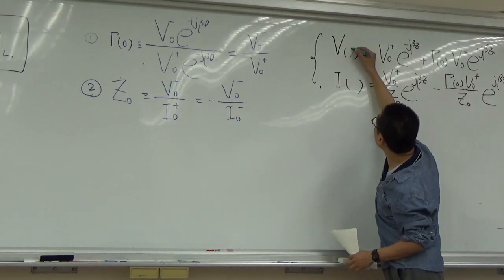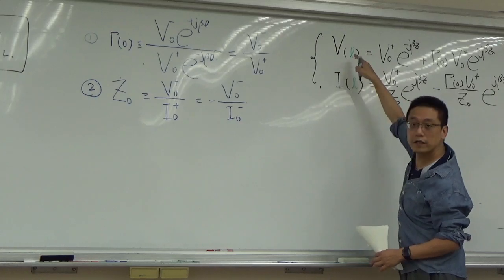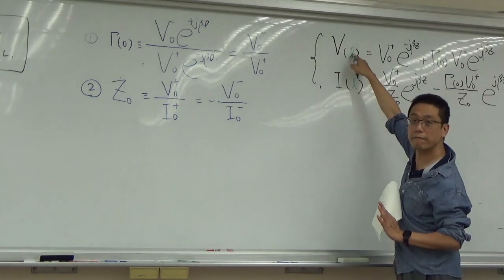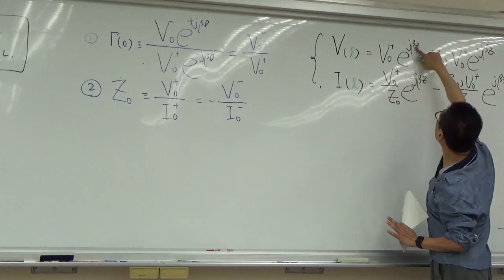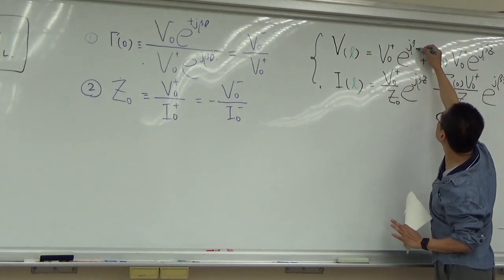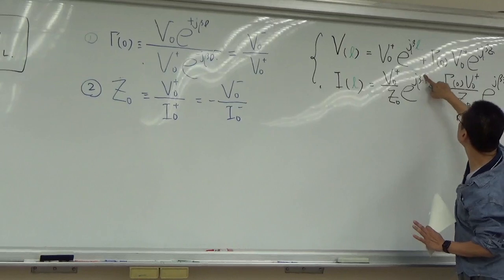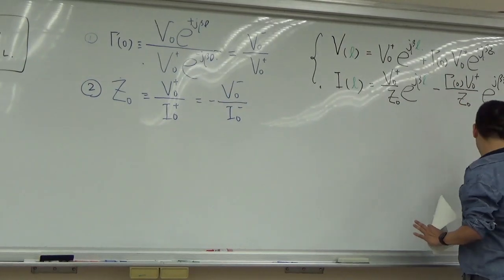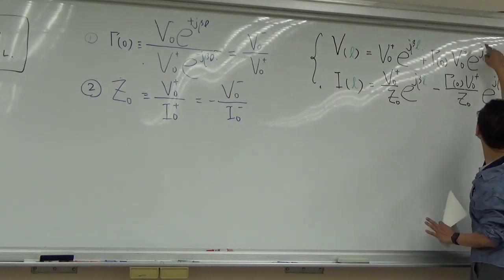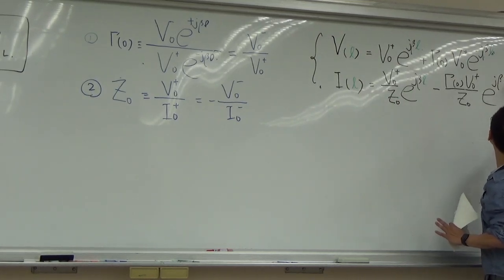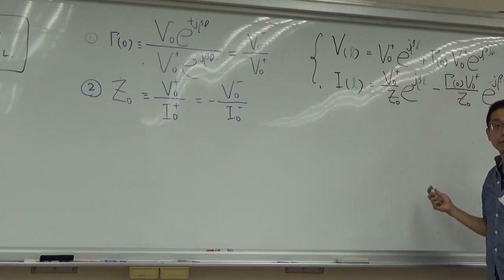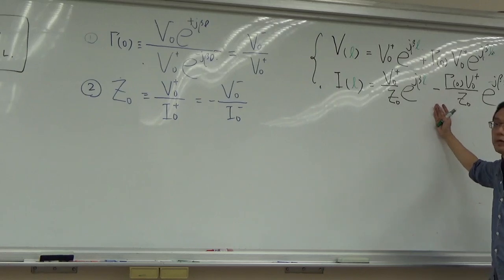I'm still writing l here because it is a function of l, right? But for here, I change negative to positive, and positive to negative, from z to minus l. Makes sense, right? So this is our new equation.